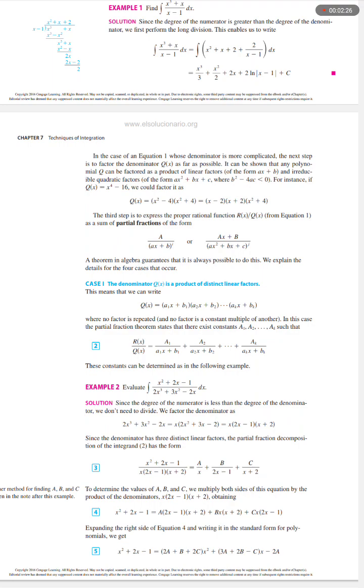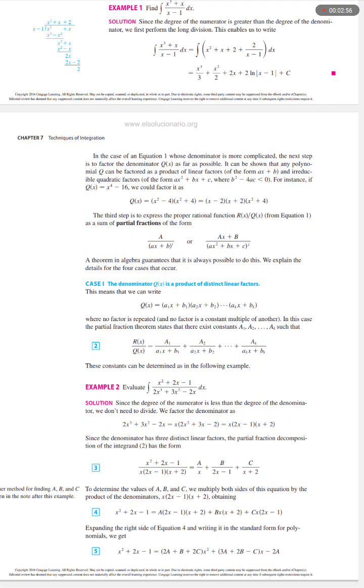For instance, if Q of x equals x to the 4th power minus 16, we could factor it as Q of x equals (x squared minus 4)(x squared plus 4) equals (x minus 2)(x plus 2)(x squared plus 4).